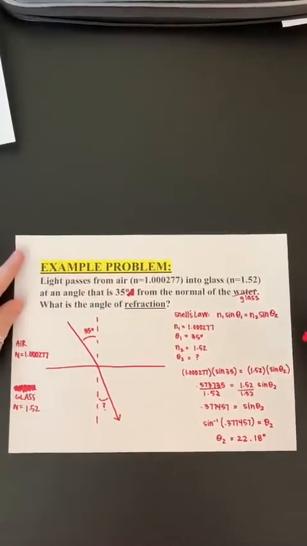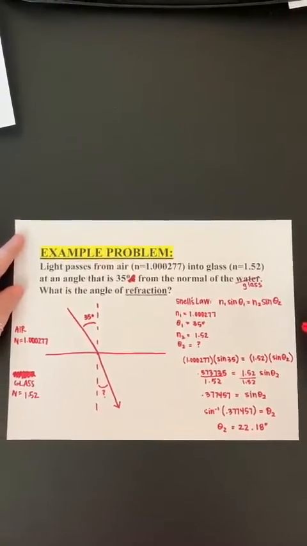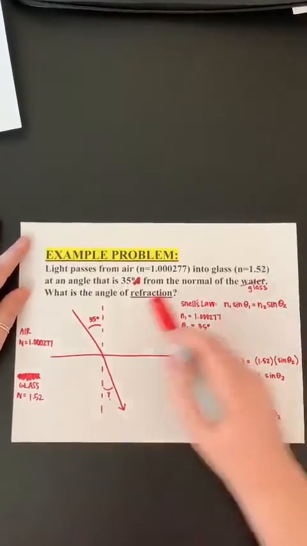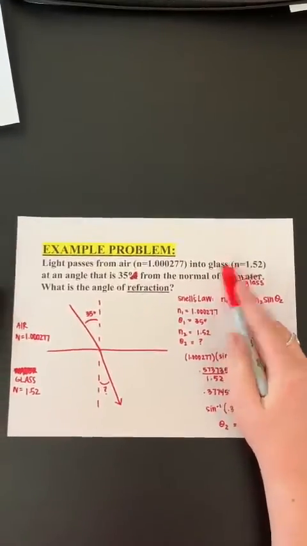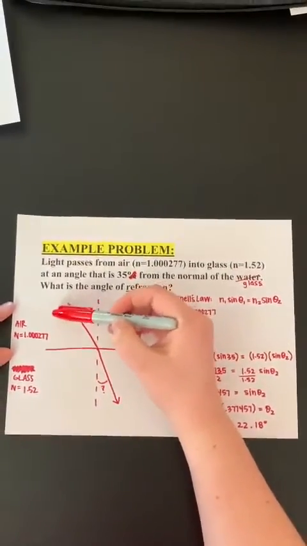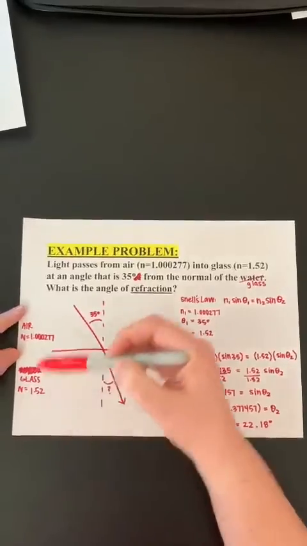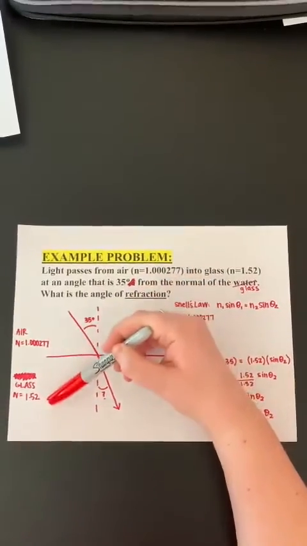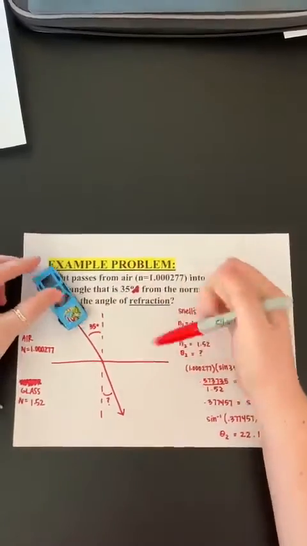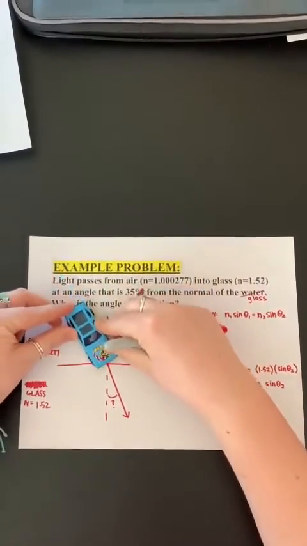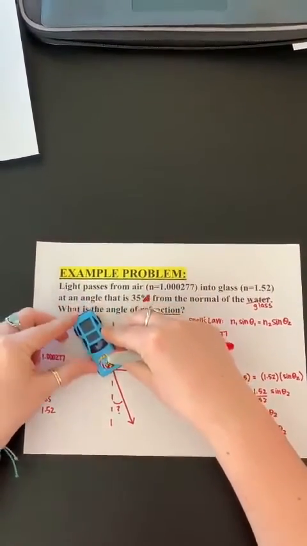Okay, hopefully you were able to solve this on your own. If not, let's figure it out together. The question states that light passes from air into glass. So the first thing that I did was show that light is passing from air into glass. We know, based on the refractive indexes, that it's almost like the car is going from pavement to mud. So we can draw the line of the ray as such.